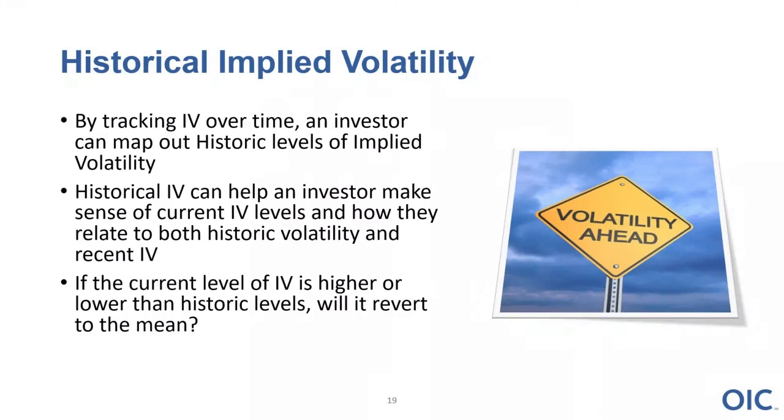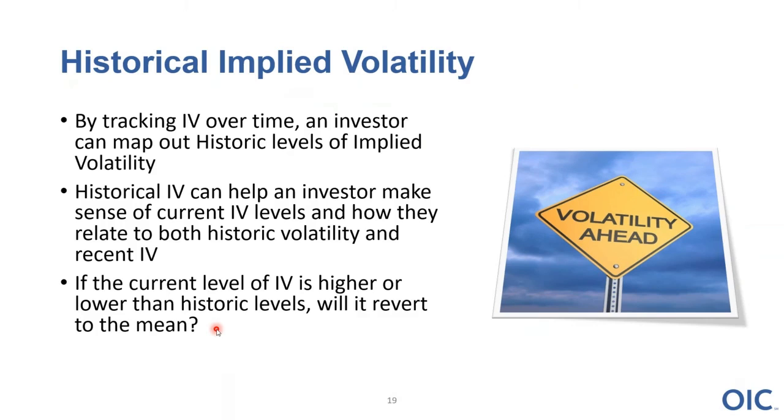If it's higher or lower, what's the reason? Will it revert back to the mean? Is there an earnings announcement? Is there something else going on? That second component is very important. If implied vol looks too high today, what does that mean? What do you do with it? Is there a good reason? Might it continue to move higher? Or do you form the opinion that it's about to retreat back towards its historical mean?